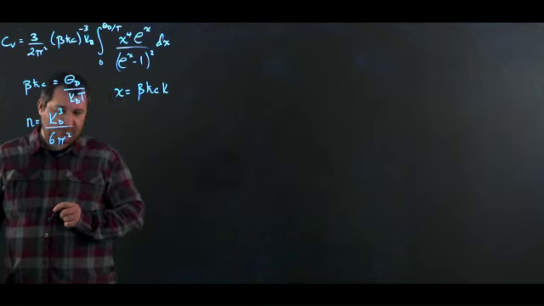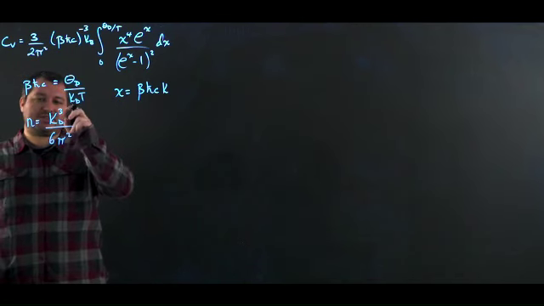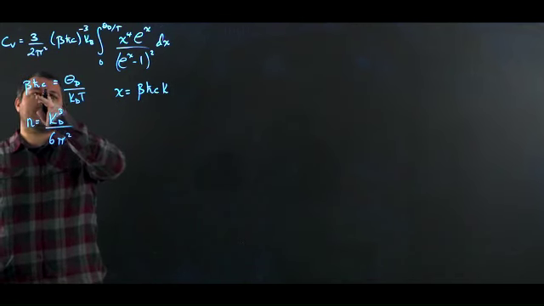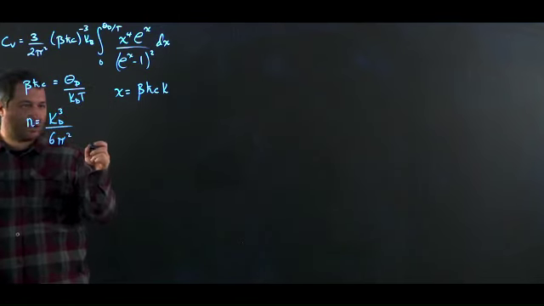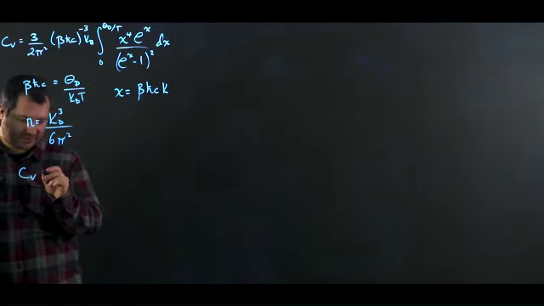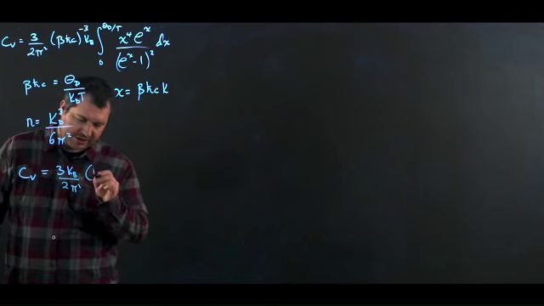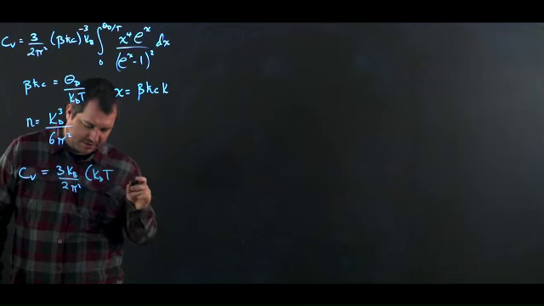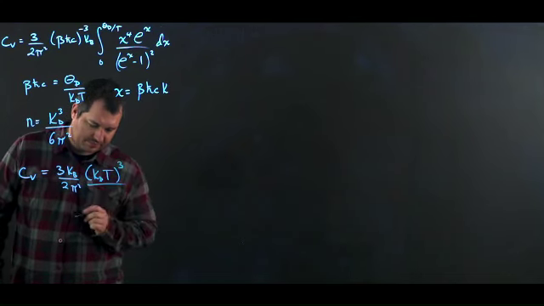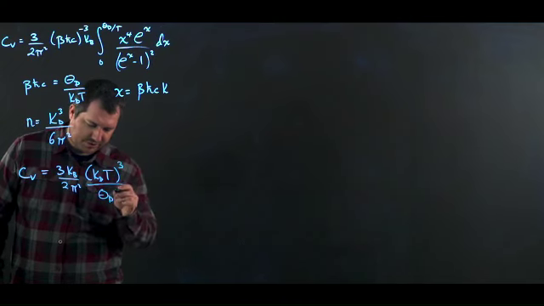The beta hc term, well, we know that this beta hc, we can try to substitute in our Debye temperature in T. And what we're going to get if I plug this in here is CV is equal to 3 kb over 2 pi squared, and I'm going to get kd T cubed on the top, all over the Debye temperature cubed.